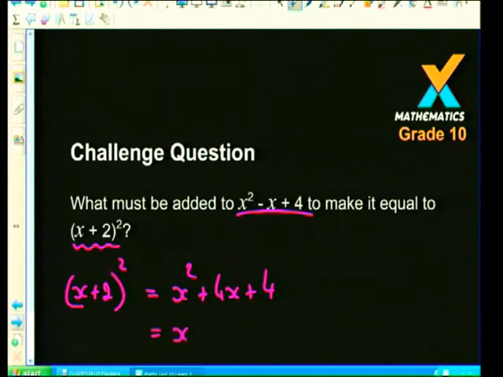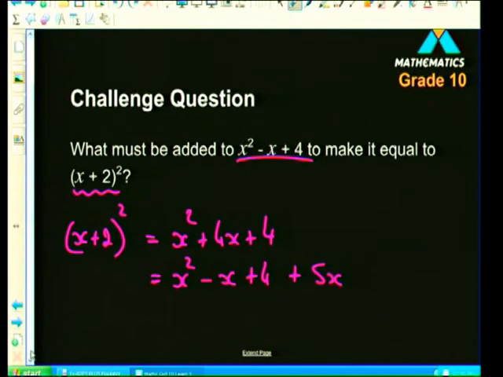I could rewrite that as x squared minus x plus 4 plus 5x. So, what do I need to add to this to get that? I need to add my 5x. Answer, I need to add 5x.